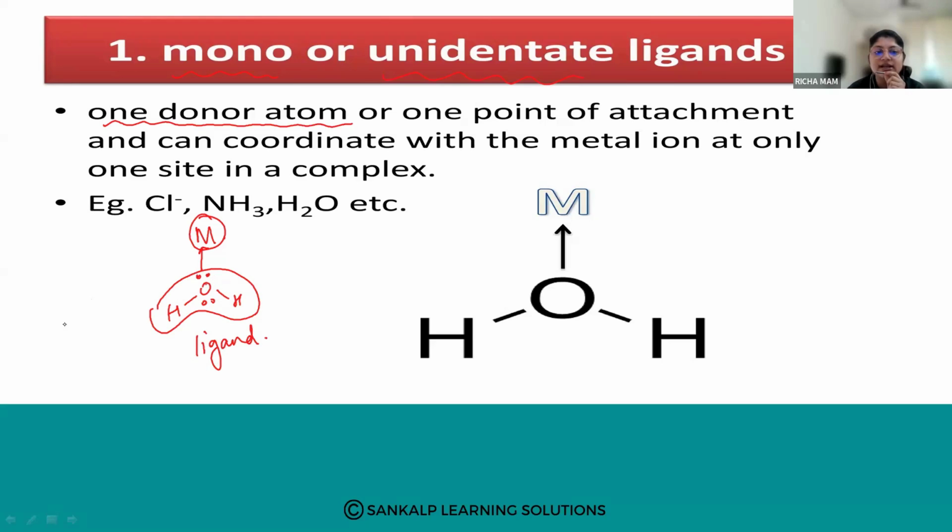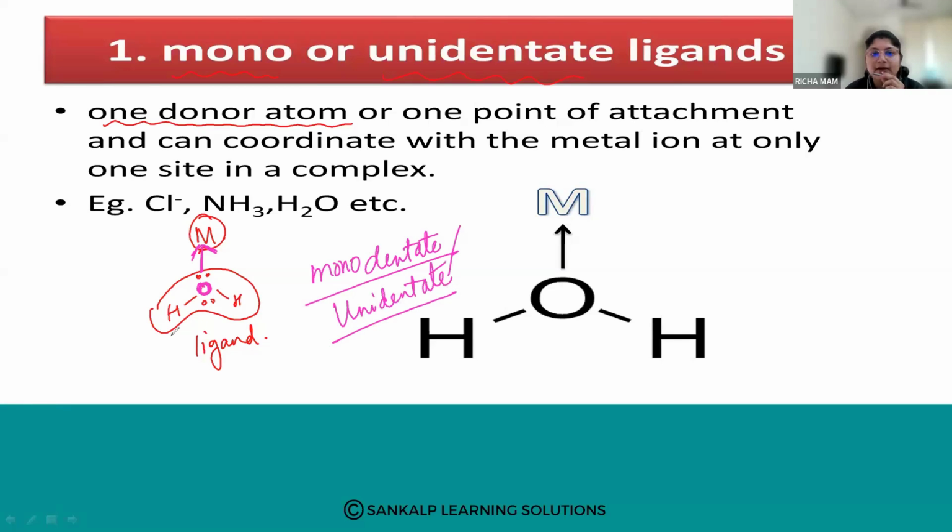So there is only one point of attachment, or only one donor atom, present in this molecule, and it can coordinate with the central metal atom. Such ligands are called monodentate, or unidentate ligands.